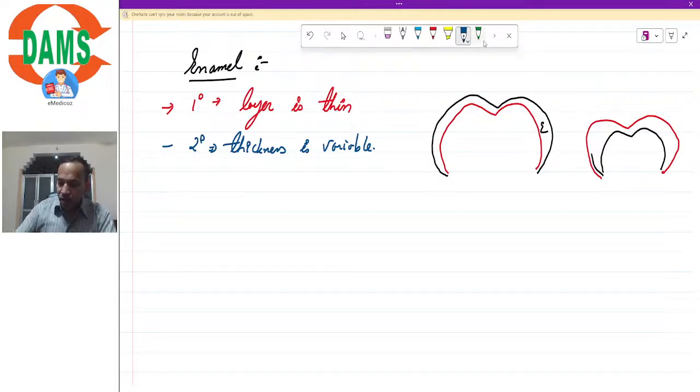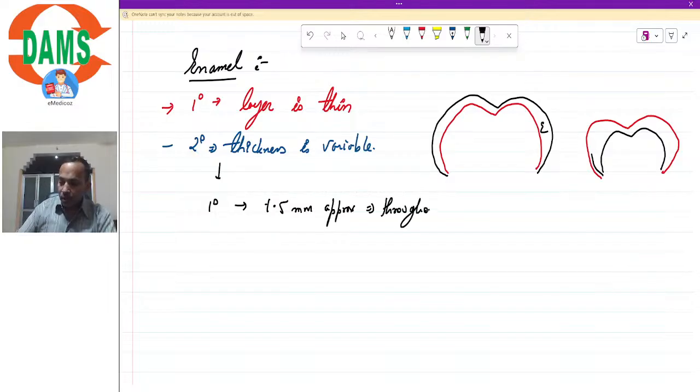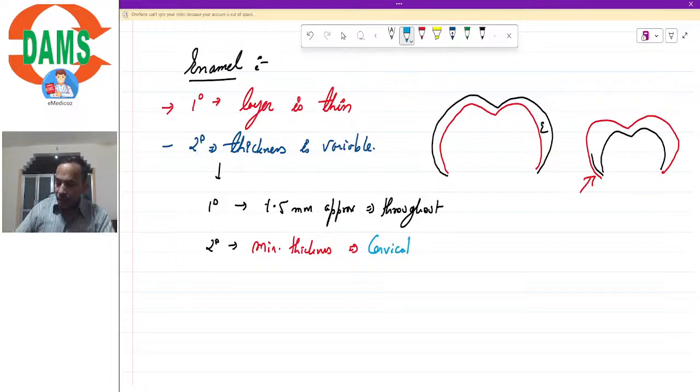So in case of primary, the thickness is 1.5 millimeters approximately throughout, whereas in case of permanent teeth, minimum thickness is at the gingival margin. This is the gingival margin, and we have the minimal thickness of enamel at this point. So minimal thickness is at the cervical margin, and how much is it?